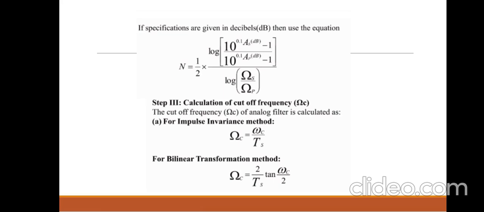Third step will be the calculation of the cutoff frequency Ωc. For the impulse invariant method, we will use Ωc is equal to ωc by Ts, and for bilinear transformation we will use Ωc is equal to 2 by Ts tan(ωc by 2).